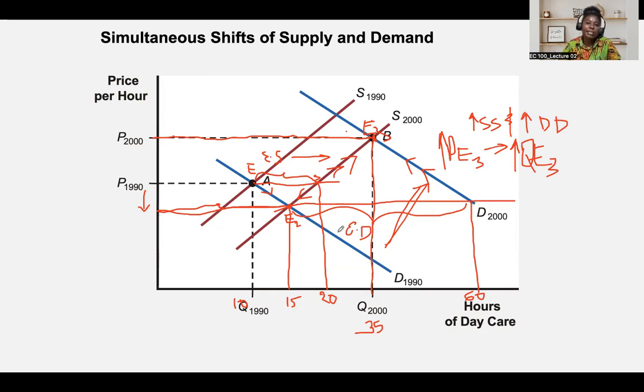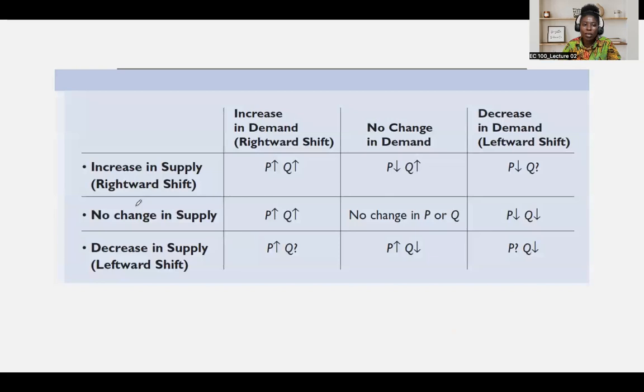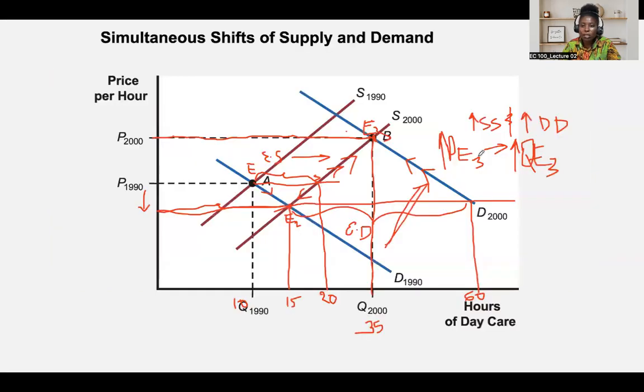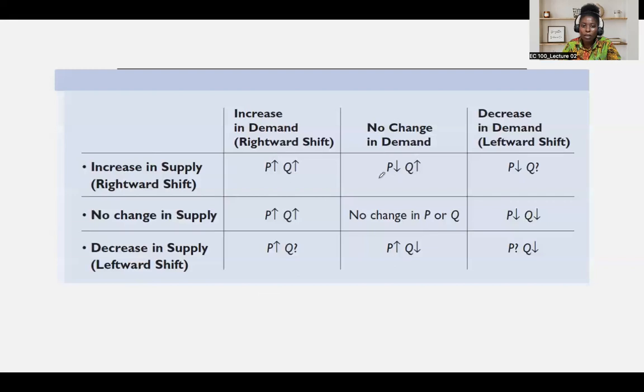So you can be asked different scenarios, okay? If there's an increase in supply, that means the rightward shift, and then there's an increase in demand, also rightward. So this is the case where we had an increase in supply and an increase in demand. What happens to the price is it increased.